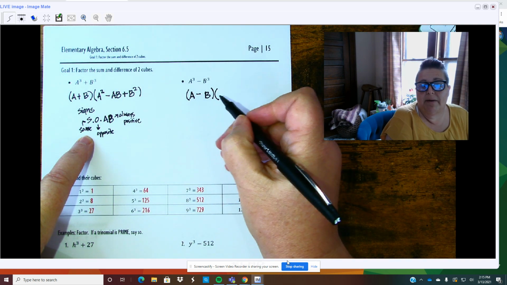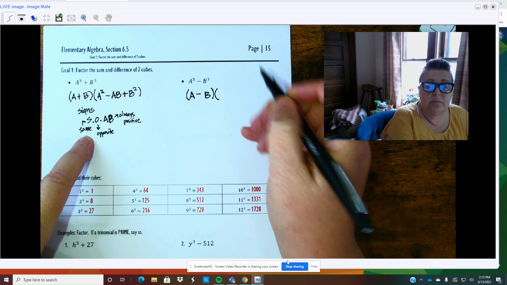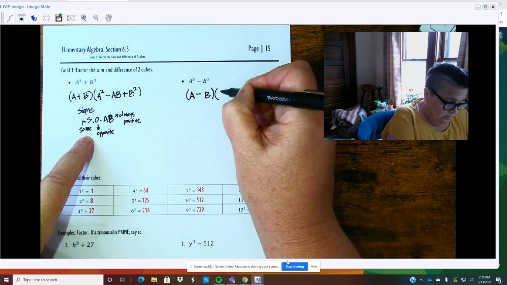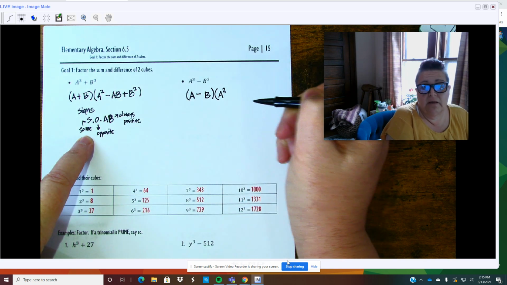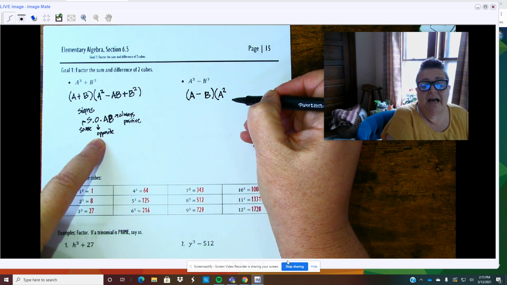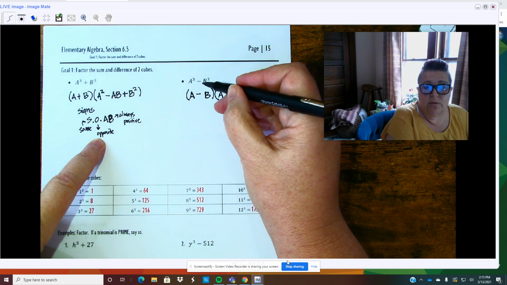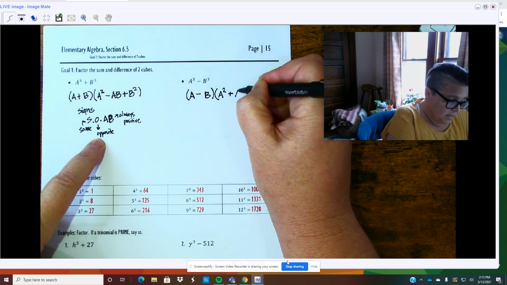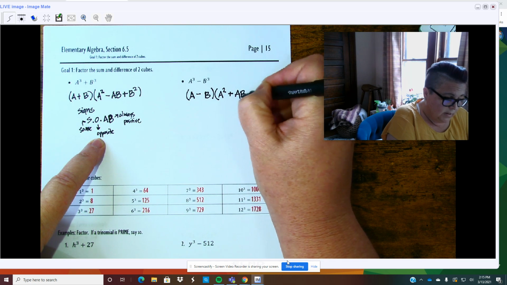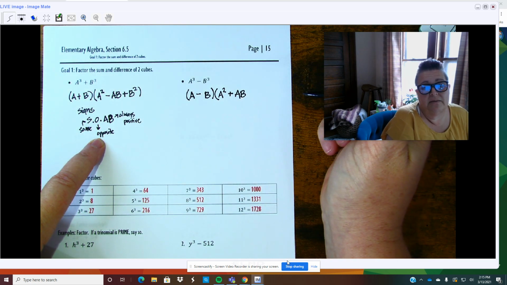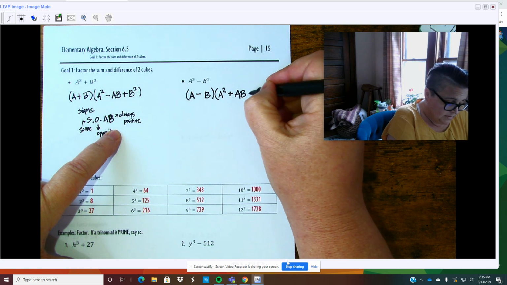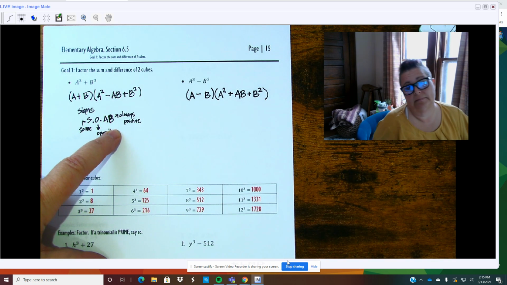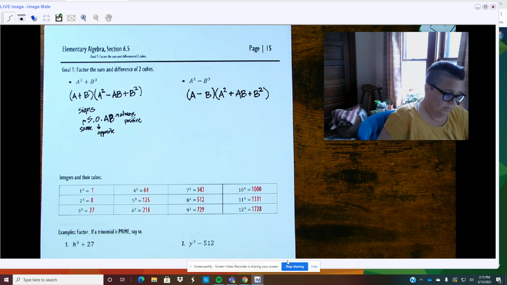Then we will multiply that by a trinomial, where the first term is a squared. The sign is the opposite of whatever it was in the original, so that's going to be plus. We're then going to multiply the two roots together, so a times b. And then the last is an always positive square of the second term.